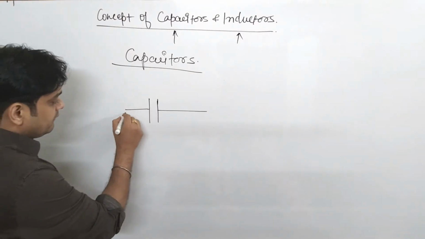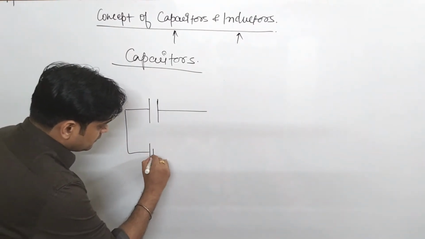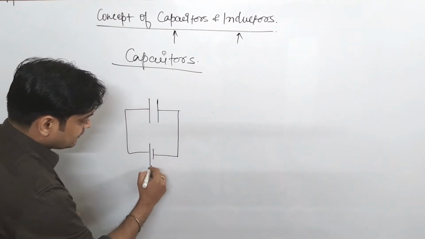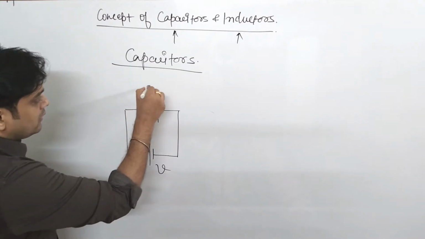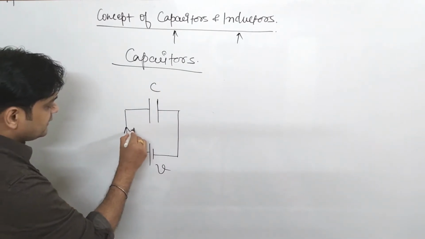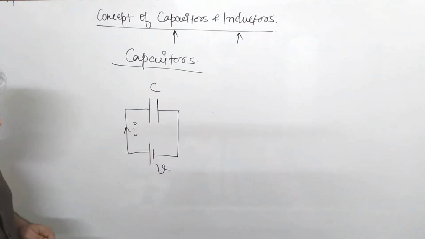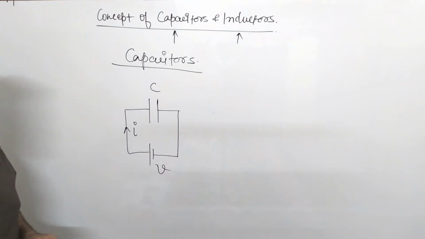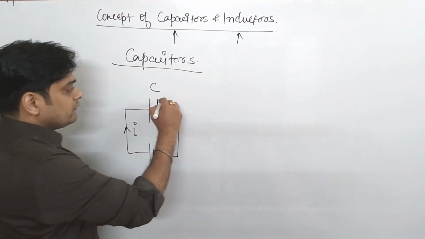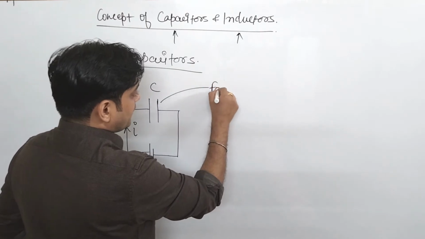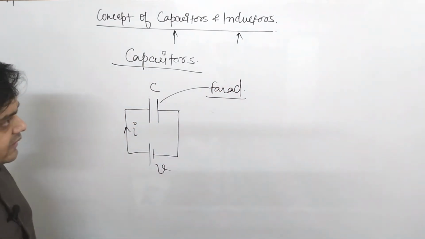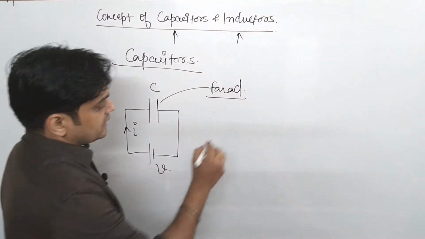When it is connected to some potential, say this is potential V, and I call it C, and let some current flowing be I. So this is the condition of a capacitor, which is represented by C. The unit of capacitor is known as farad. Now we will understand a little bit about what a capacitor actually is.